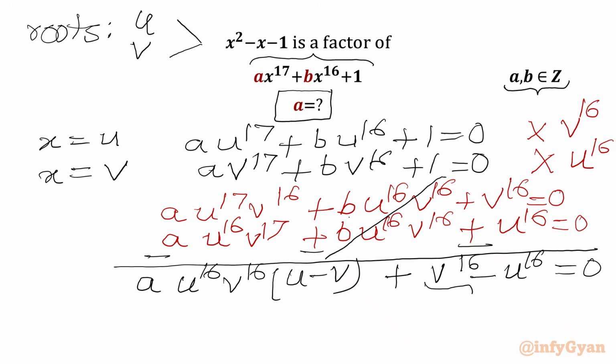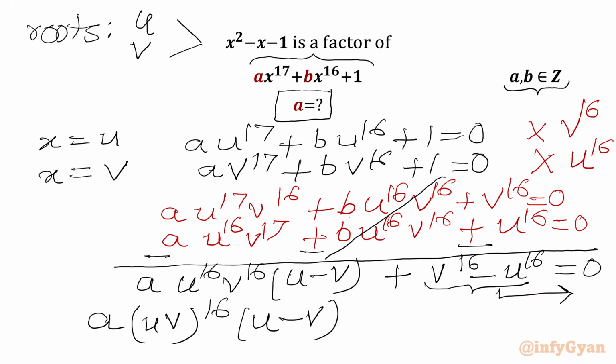Now we will take these two terms to the RHS. So I can write a·(uv)¹⁶·(u − v) must be equal to u¹⁶ − v¹⁶.